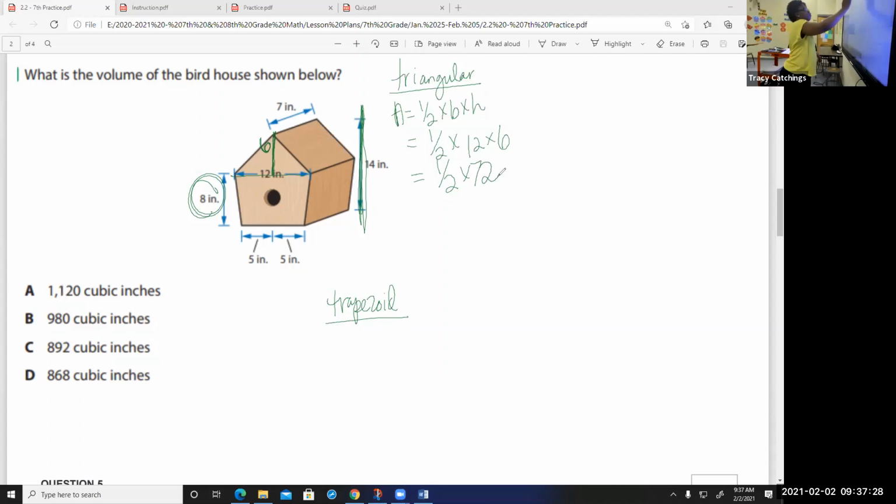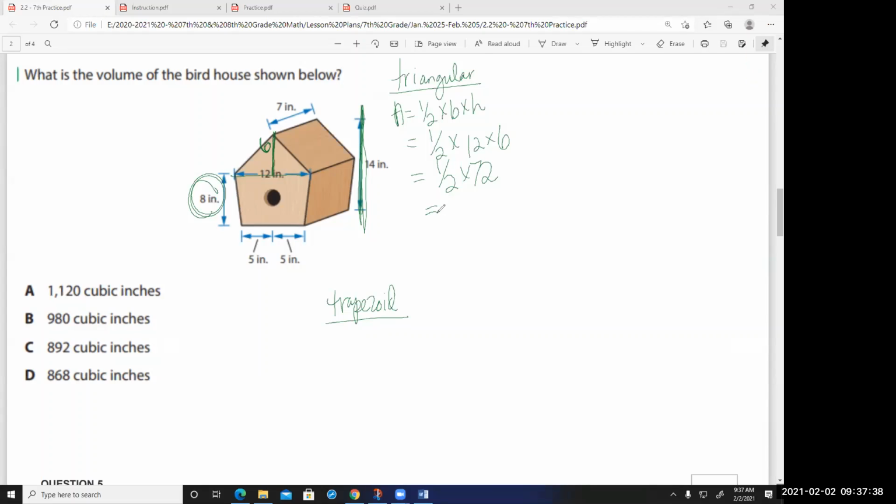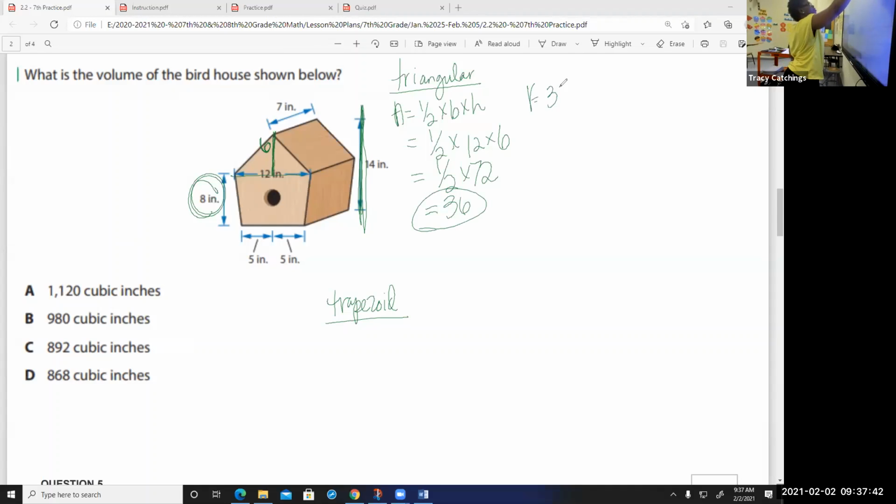Half of 72. All right, that's the area. So now we got to use it.